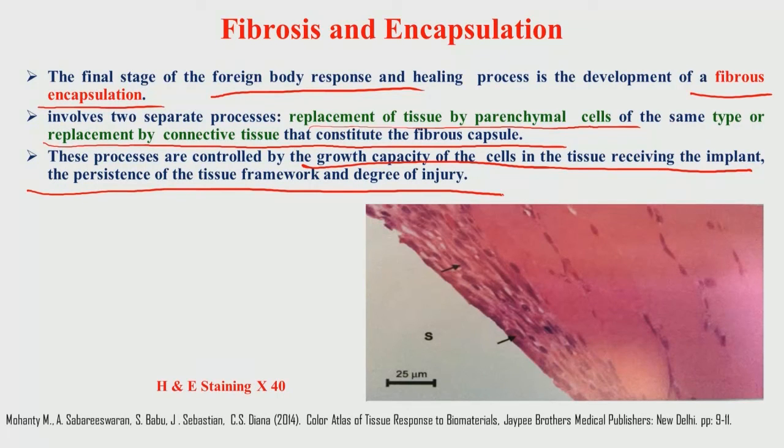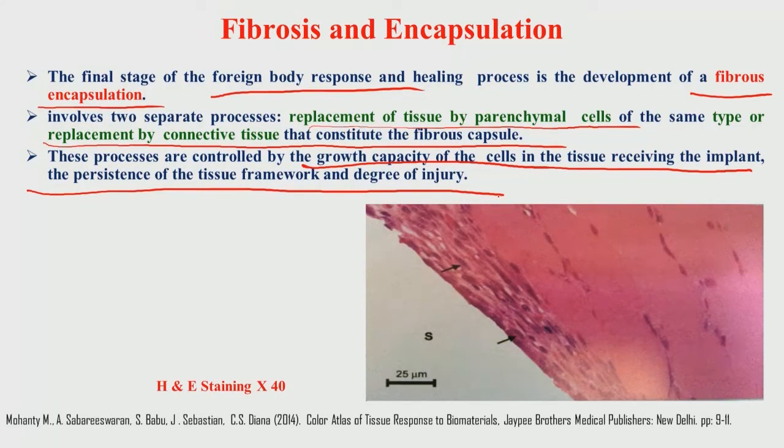Now, this has been mentioned before that depending on the kind of surgery you are using, depending on how severely the wound has been inflicted when you are putting the material into it, this fibrosis and fibrous encapsulation process takes place to different extents.